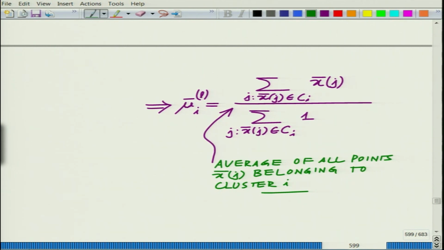You take all the points x bar j which belong to cluster i, take their mean or average, and that is essentially the centroid. So, step 1 you compute cluster assignment, step 2 we compute the centroids based on the cluster assignment, and we iteratively repeat these things, and these iterations continue.